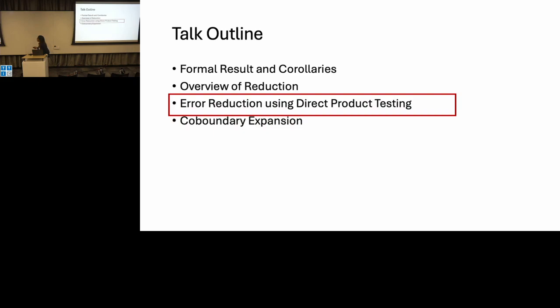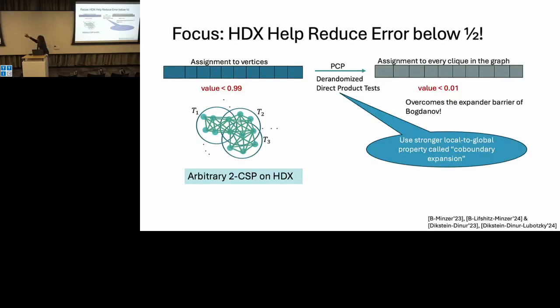That question is called direct product testing. So this is what we are aiming to do: taking an arbitrary 2CSP on an HDX with large value and reducing its value to 0.01.